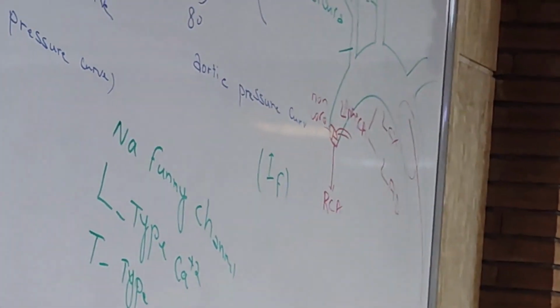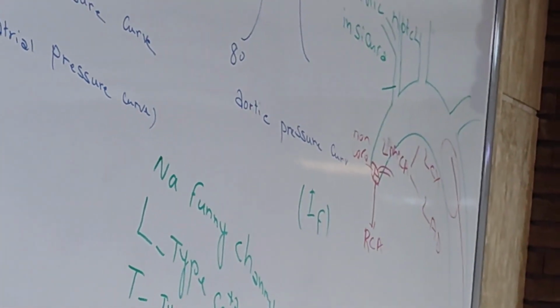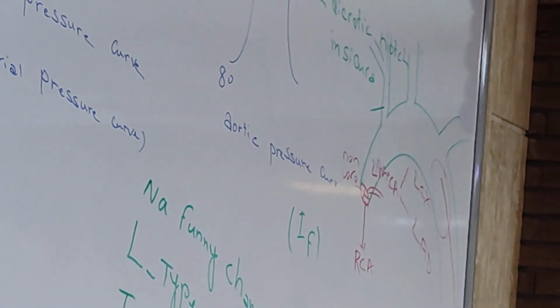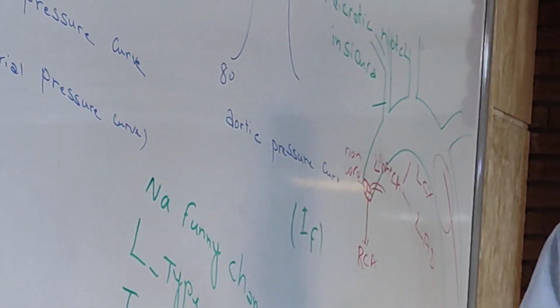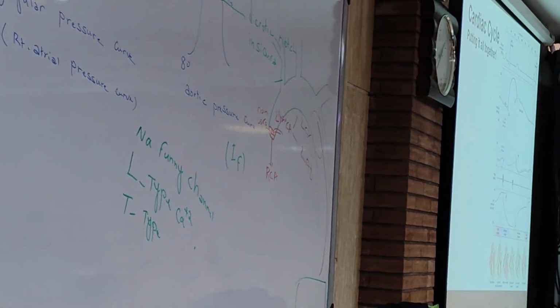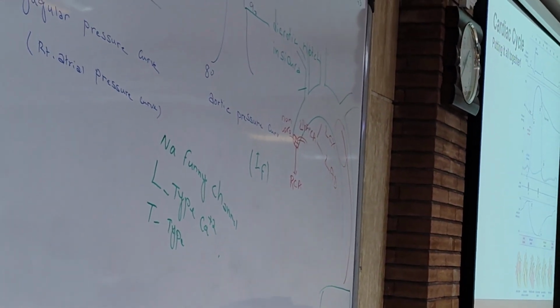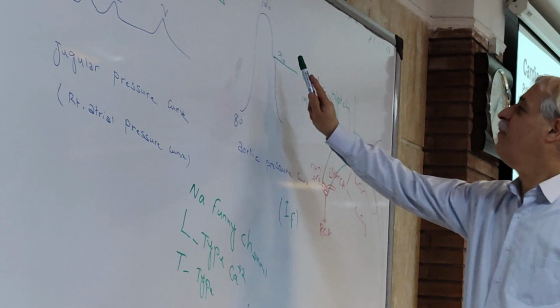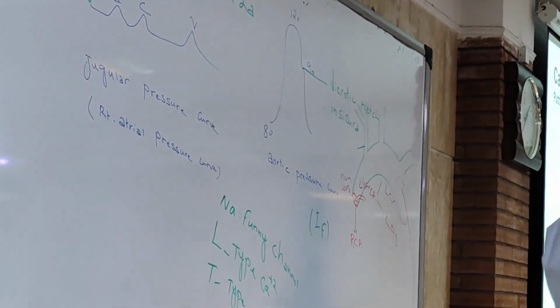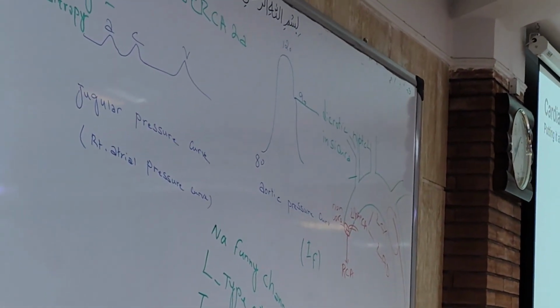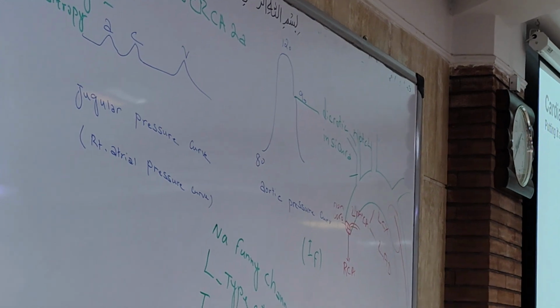There should be a mark for the gadget to initiate inflating in early diastole. What shows you the early diastole? This dicrotic notch. This dicrotic notch or incision means the initiation of isovolumetric relaxation of the ventricle.